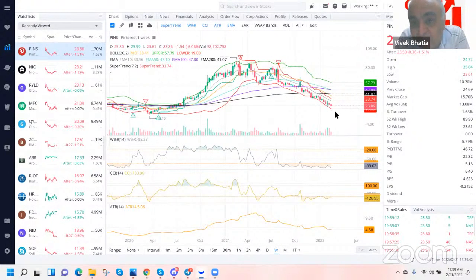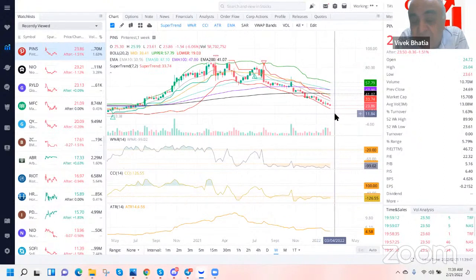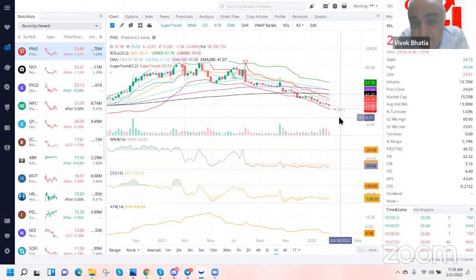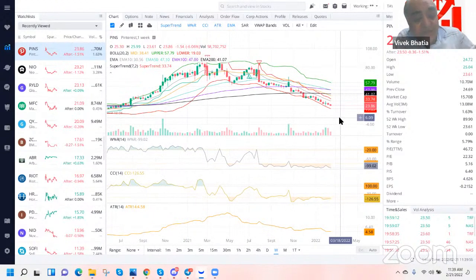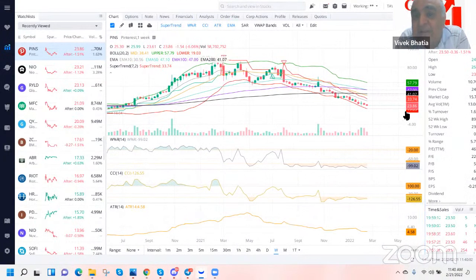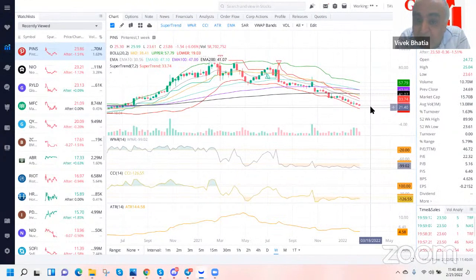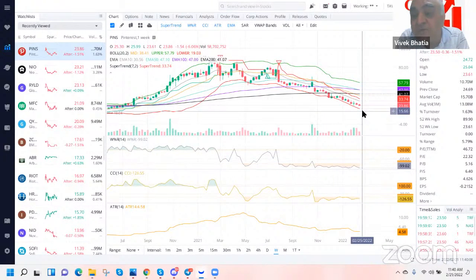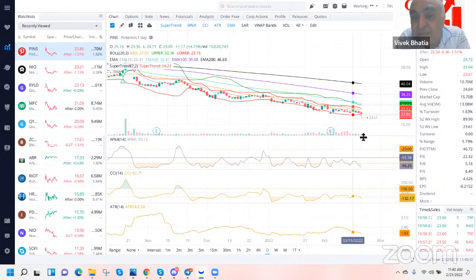So if you have not entered this stock, thank your stars. Don't even think about entering it now. Your entry price should be something around 18. If you want to average and you're holding it, please don't average immediately. Wait for it to come down to 19 or 18, and then around that price, average it. Or average it when you see a very conclusive reversal, which means the trend has to be broken.